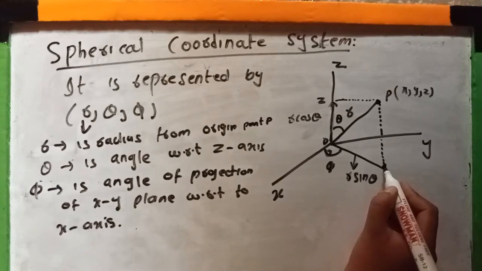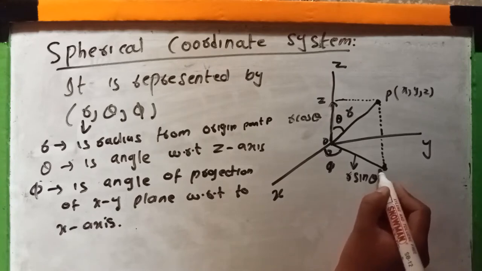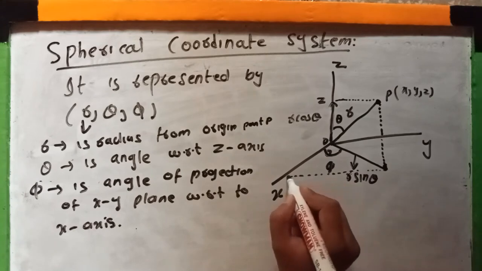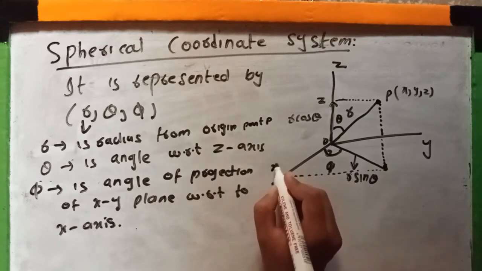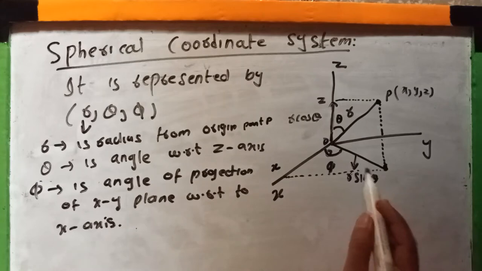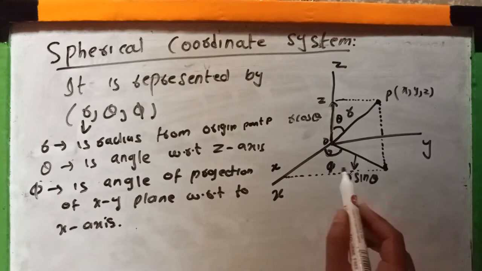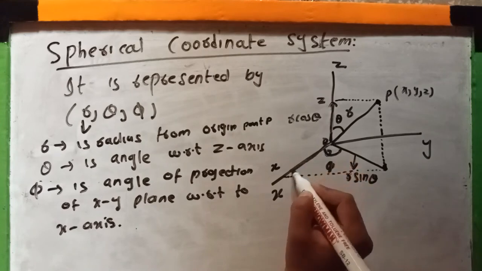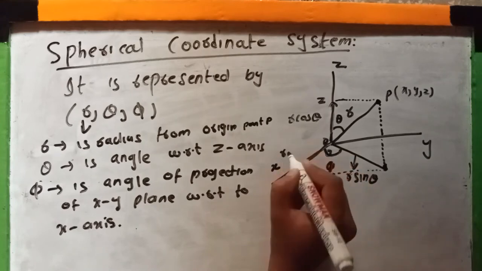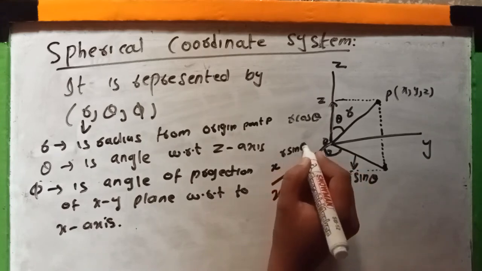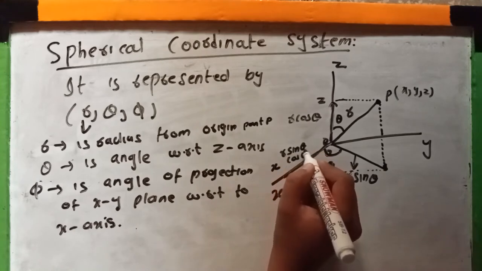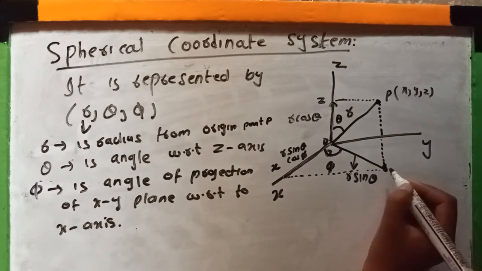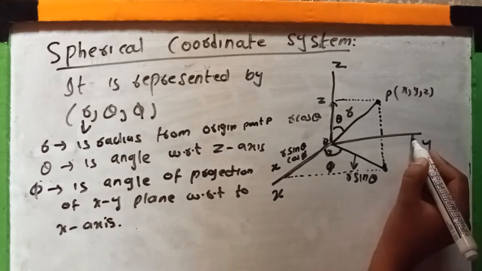If we draw the projection of this point on the x-axis, this will give us the x component. If r sin theta is the radius and phi is the angle, this line is equal to r sin theta cos phi. This point also makes a projection on the y-axis.